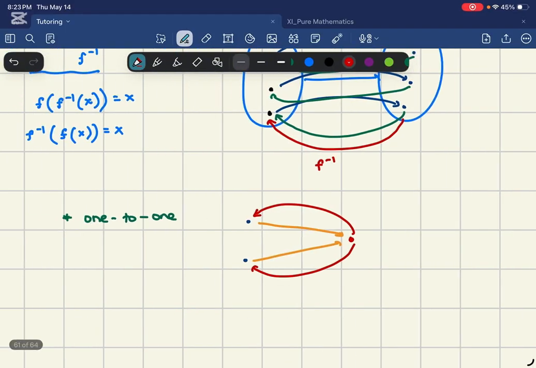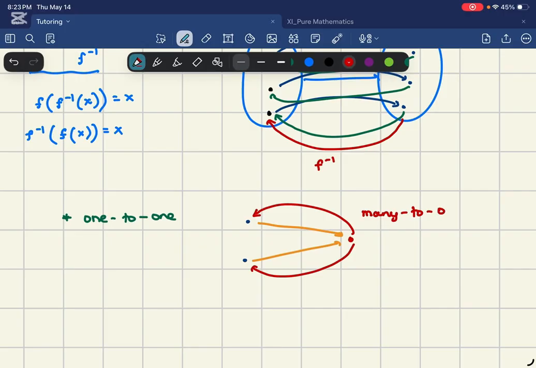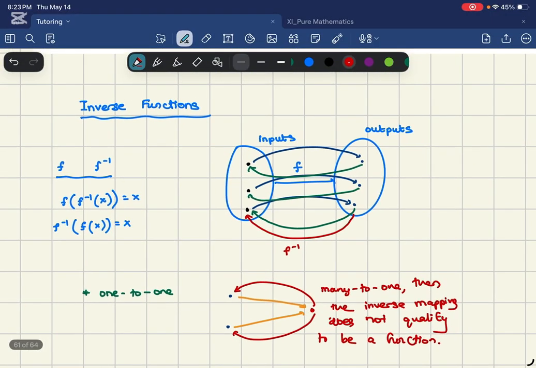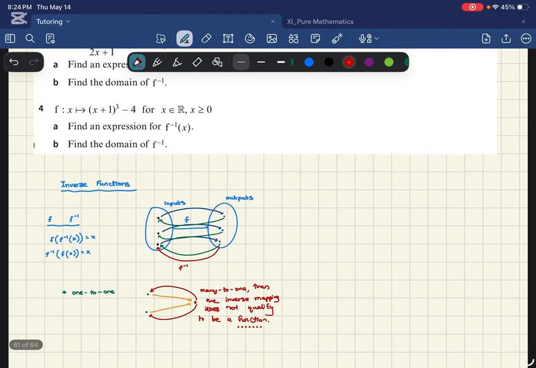So if it's many-to-one, then the inverse mapping does not qualify to be a function. All right, so now that we have established that, let's start with some questions.